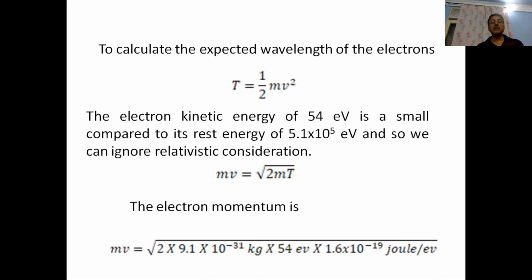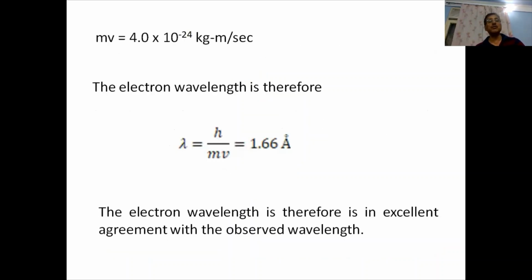So the momentum comes out to be mv is equal to the square root of 2mT. If we put all the values, it will be 2 into 9.1 into 10 to the power of minus 31 kg into 54 electron volt into 1.6 into 10 to the power of minus 19 joule per electron volt. On calculation, mv comes out to be 4 into 10 to the power of minus 24 kg meter per second.